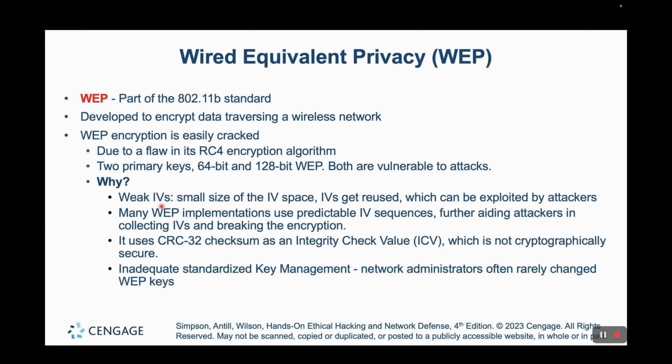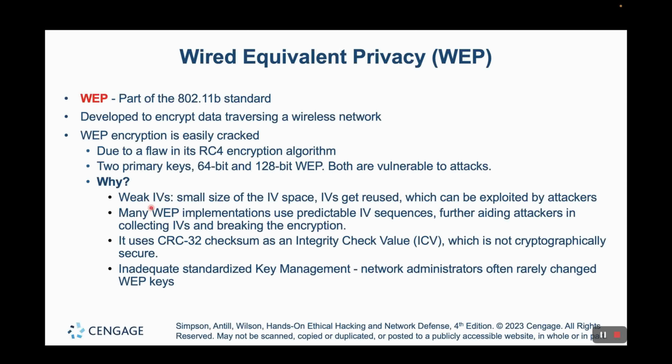Now, if you're not familiar, an IV is an initialization vector, which is a random or pseudo-random number that is used with the secret key to encrypt data. The IV's purpose is to ensure that the same data encrypted with the same key will not always result in the same ciphertext.